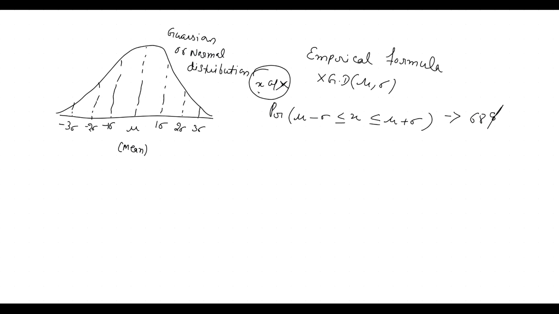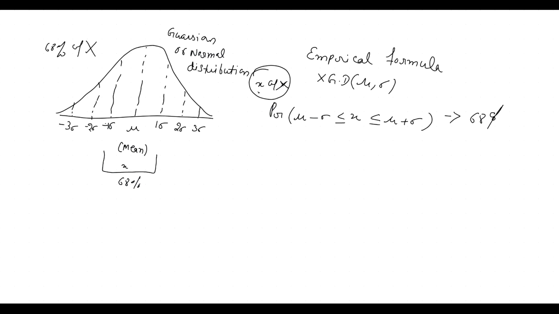So how will it look? -1, this is covering from left to right, -1 to +1 standard deviation. This is the range of small x. It is covering up your 68% of your total data points.